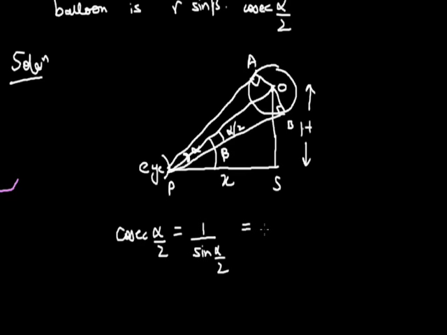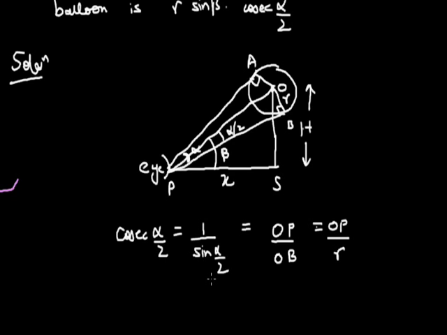Considering triangle POB, sine alpha by 2 is OB, the perpendicular, upon OP, the hypotenuse. So cosec alpha by 2 will be the reverse: OP, the hypotenuse, upon OB, the perpendicular. OB is the radius of the circle, which is r. So cosec alpha by 2 is equal to OP upon OB, and OB is equal to r.